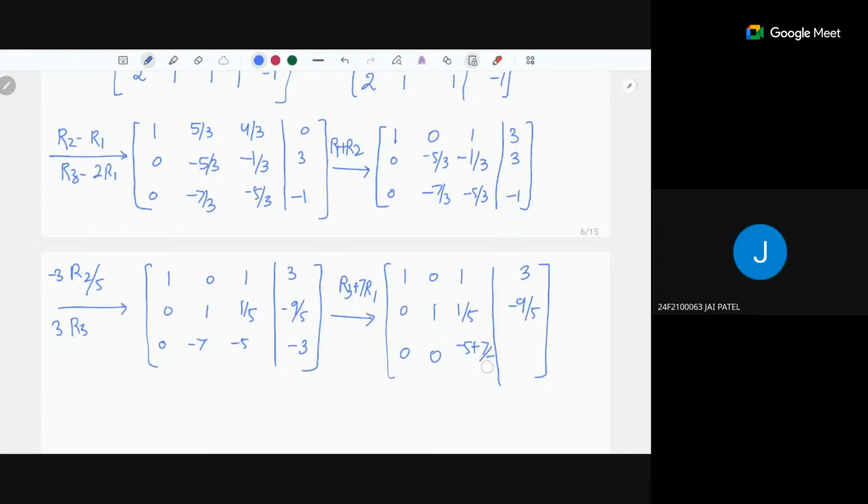Sorry, R3 plus 7 R2, here it is 0. Sorry, R2. And minus 3 plus 21 by 5. Sorry, it would be 27 by 5 and minus.